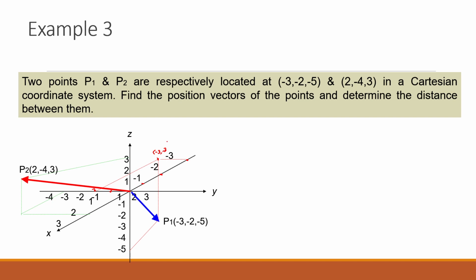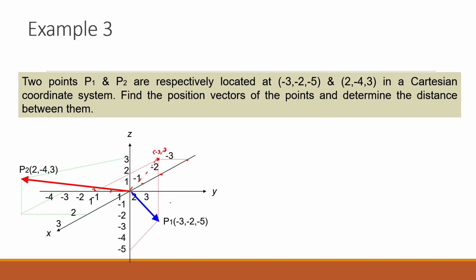Then z is -5 units, so from this intersection you drag the line. Why do you drag it this way? Because this line should be parallel with the z-axis here. So this is P1, where the coordinate is -3, -2, -5.